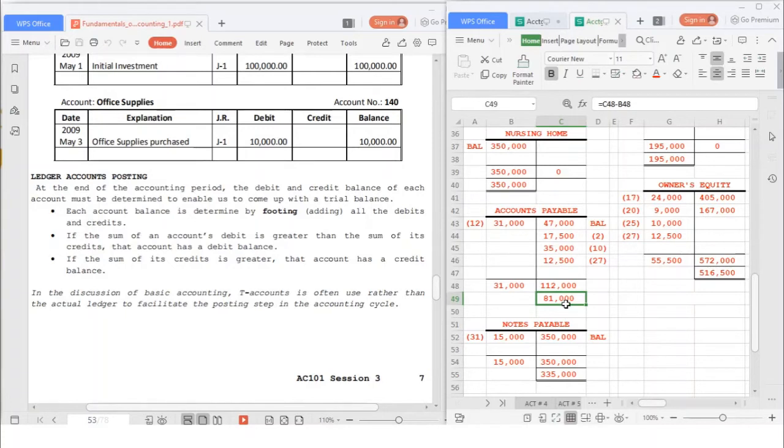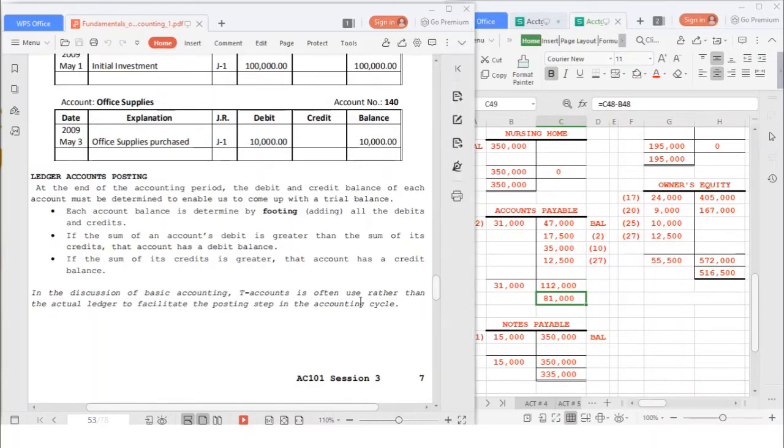So here, your credit side is greater. So, meaning, this account has a credit balance. So, your accounts payable has a credit balance. It is important that your footing or cross-footing is correct because you will use it in the third step, which is your trial balance.